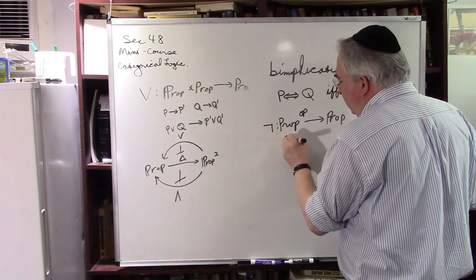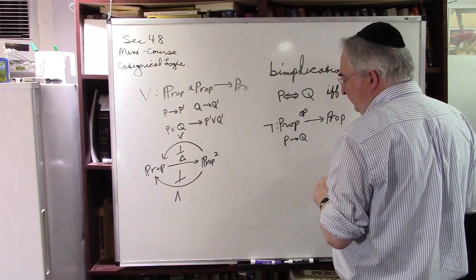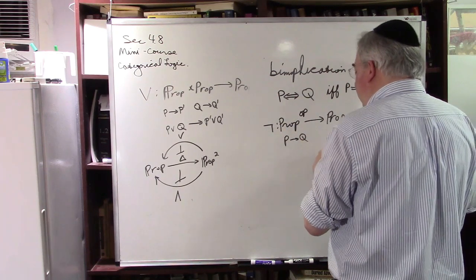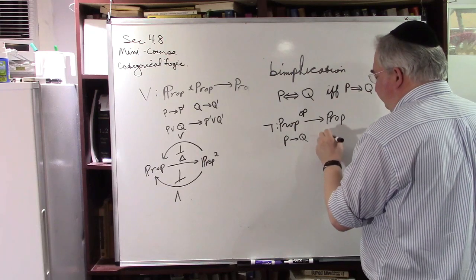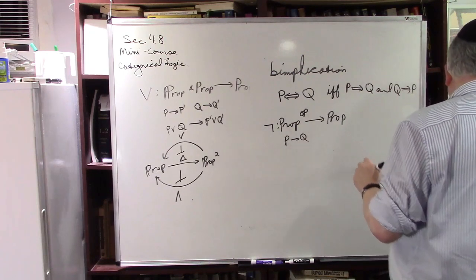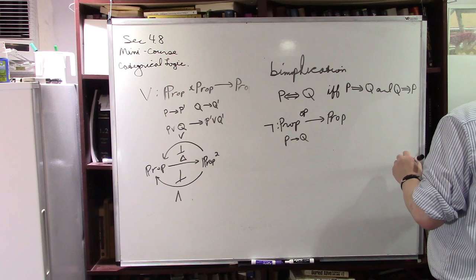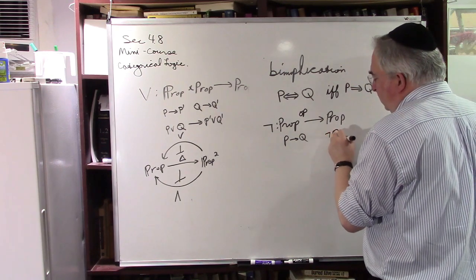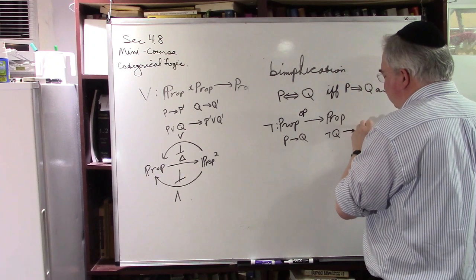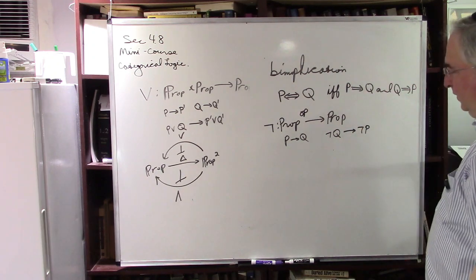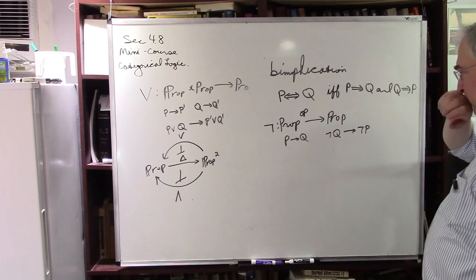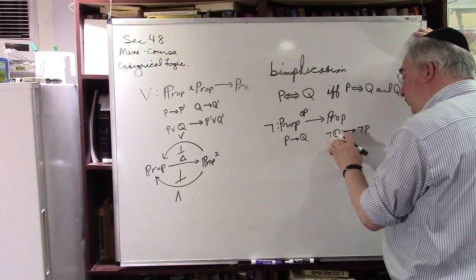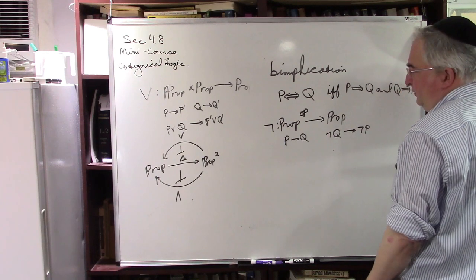That means if P implies Q, then functoriality of this gives you as follows. I'll just write it the way. Okay, that implies that not Q implies not P. If P implies Q, then if Q is false, then P is also false.